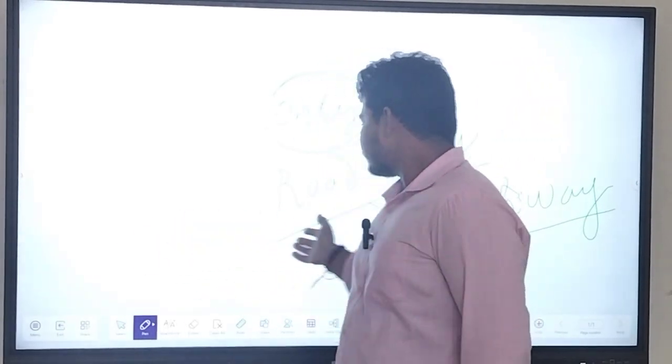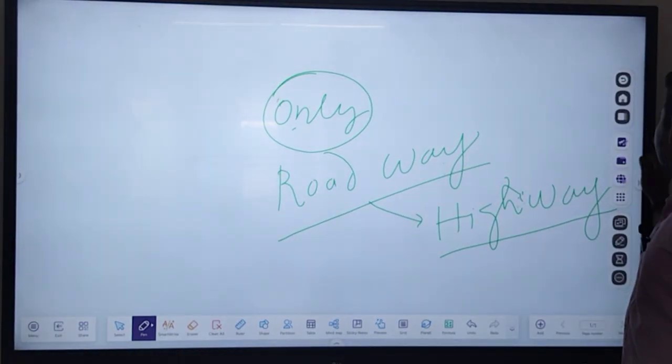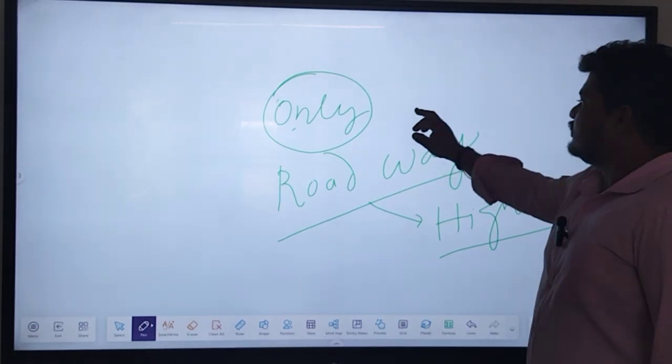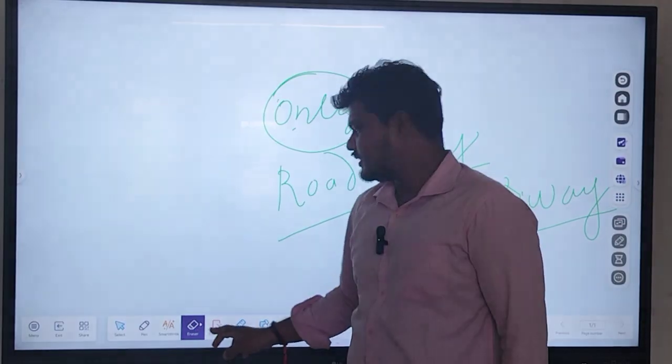Next, we will study the interesting thing, that is geometric design.